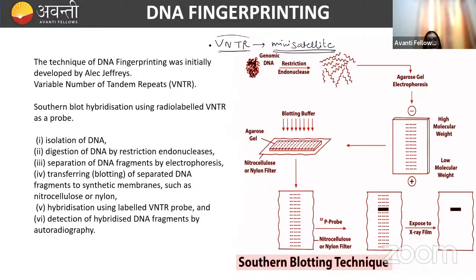And these VNTRs, for example, this is chromosome 1, this is a paternal, and this is a maternal chromosome. So the paternal chromosome is showing 2 repeats of the VNTR. And the maternal chromosome is showing 3 repeats of the VNTR.